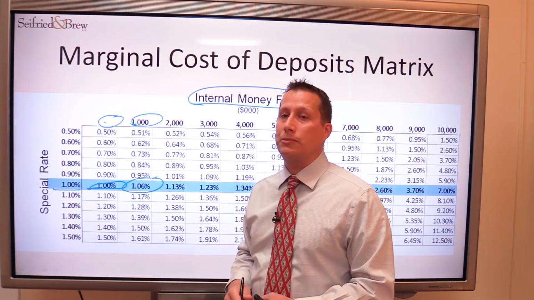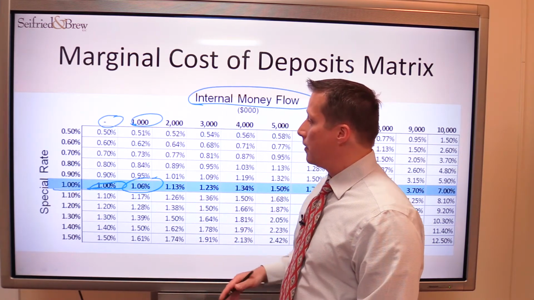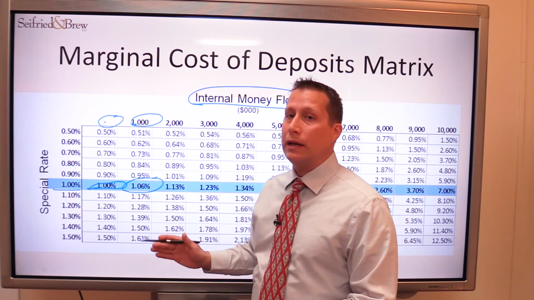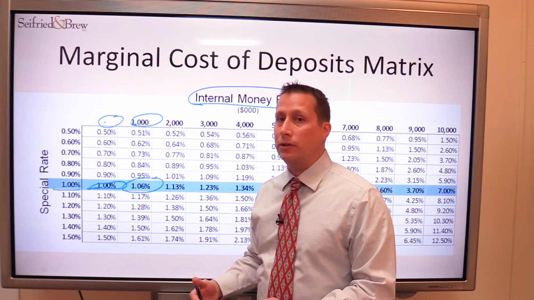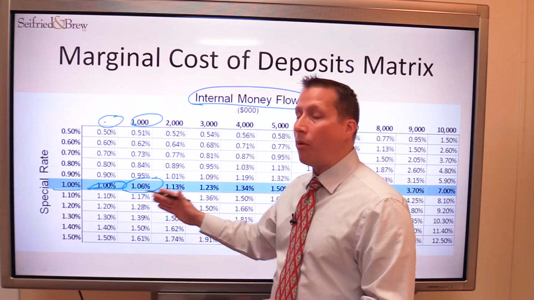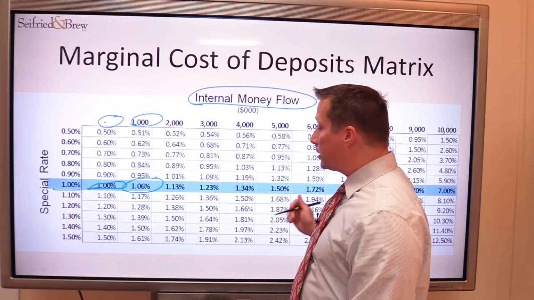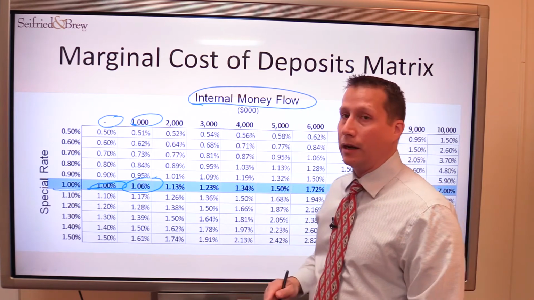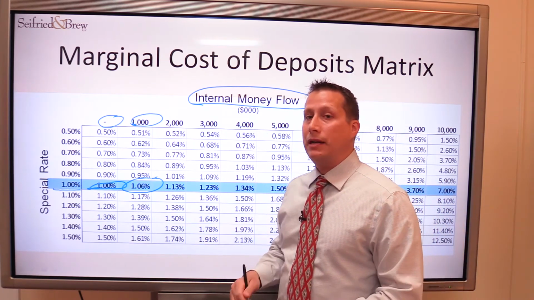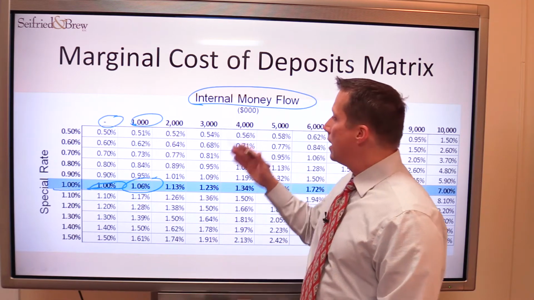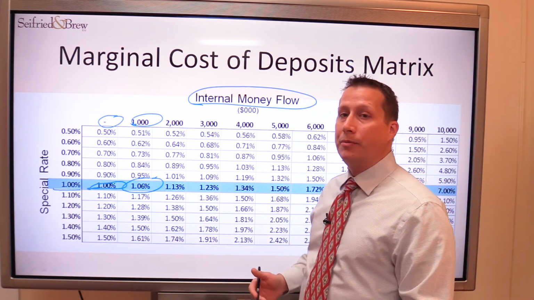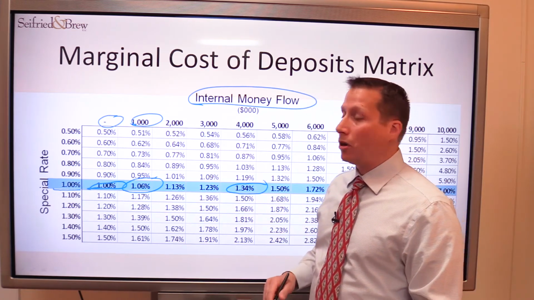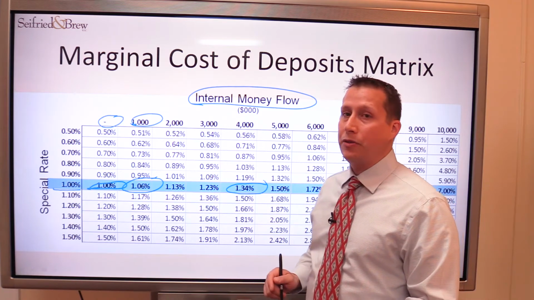So we increased that cost by 6 basis points for that $10 million. But as we move up the scale and look at higher levels of internal money flows, the overall marginal cost of deposits starts to increase rather quickly. For example, if we go up to $4 million internal, so $7 million coming in from outside sources, that marginal cost now jumps up to 1.34.